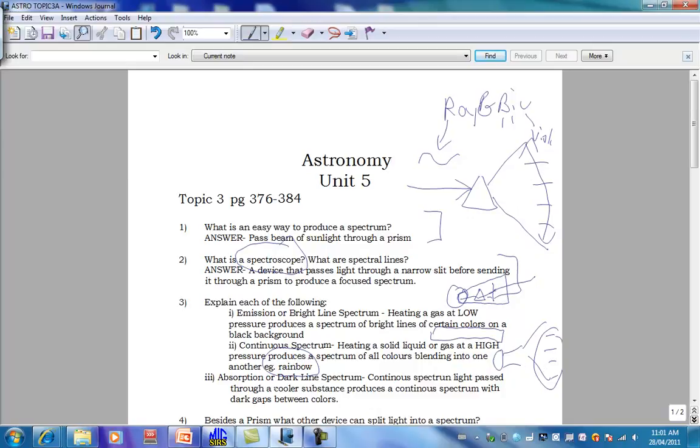So an absorption spectrum is the continuous spectrum light passed through a cooler substance, and that creates these dark gaps between the colors of the rainbow, which are unique depending on the substance. So calcium would have a different absorption spectrum than hydrogen and helium.